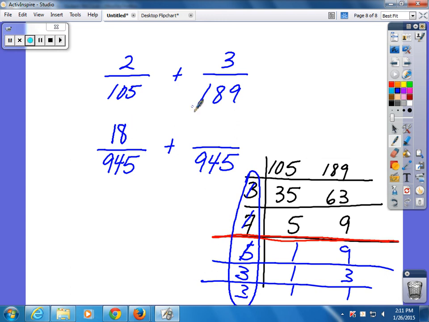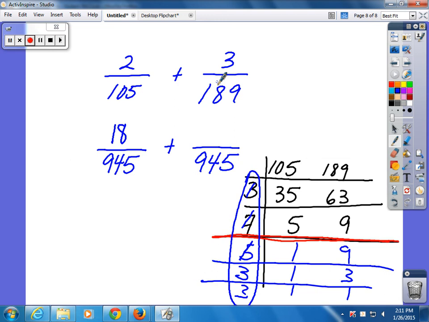How many times will 189 go into 945? Well, you got to find 189. Or you can just say, well, 9 will go into 45, what, 5 times? So probably 5 times. But where is 189 right here? Well, right there times this. 3 times 7 is 21. 21 times 9 comes out to be 189, right?